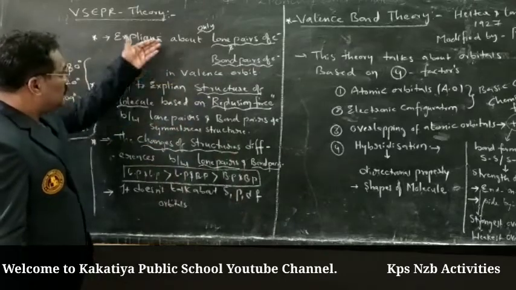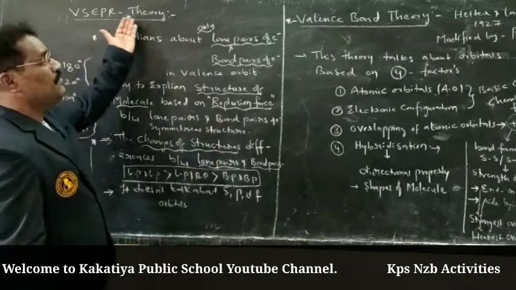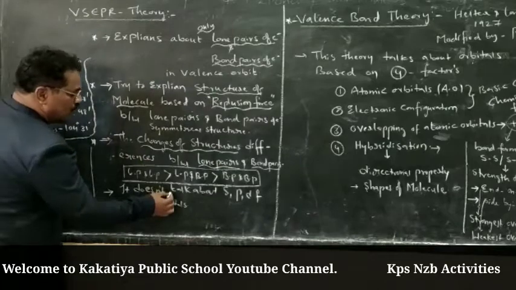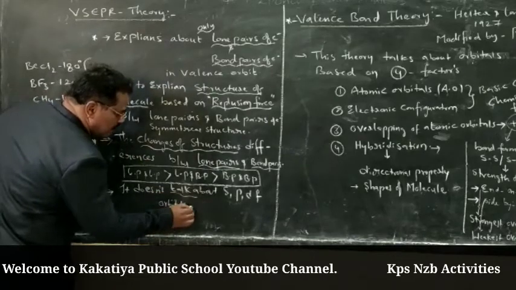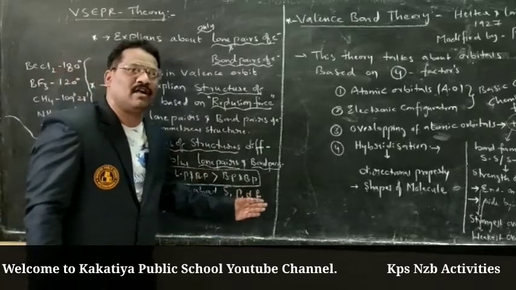These three points we have to keep in mind, which give the explanation by VSEPR theory. And one more point: it could not explain the overlapping of orbitals such as s orbital, p orbital, d orbital.